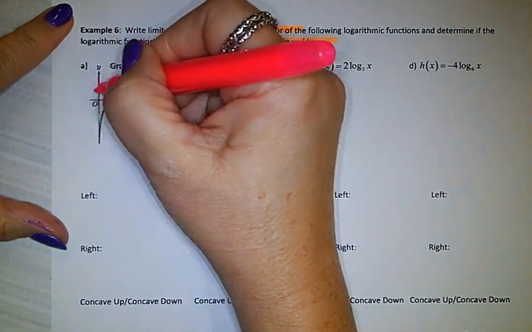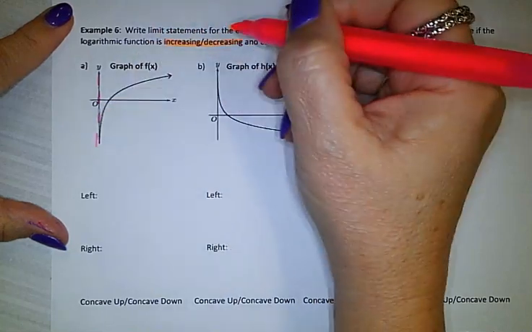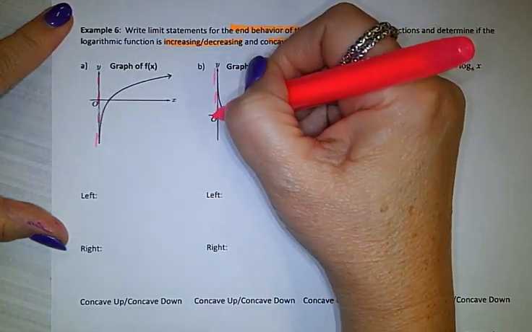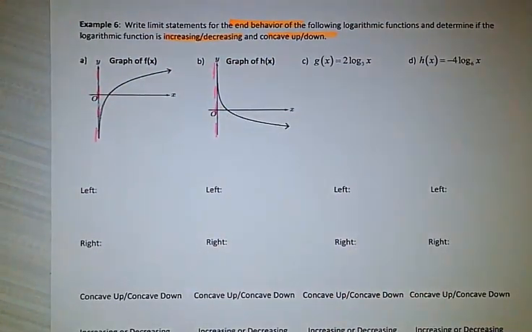And keep in mind, right, we have some asymptotic behavior on here. All right, so pause that video and work through these two problems, problem 6A and 6B.